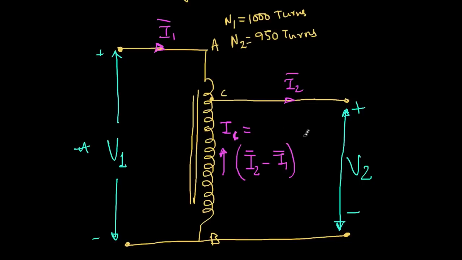So far, so good. So if you connect a load, for the time being, this is a no load. So if there is no load, then what is I2? I2 bar is nothing but 0. So therefore, this current also will be 0, except this current will be, as we discussed, there will be some magnetizing component and then the core will get magnetized.